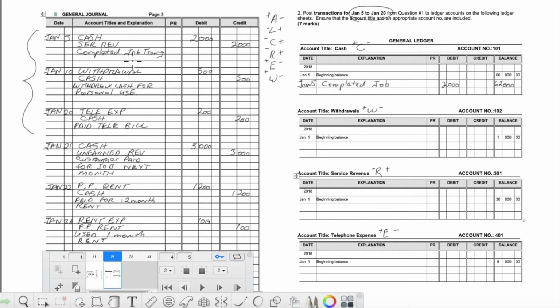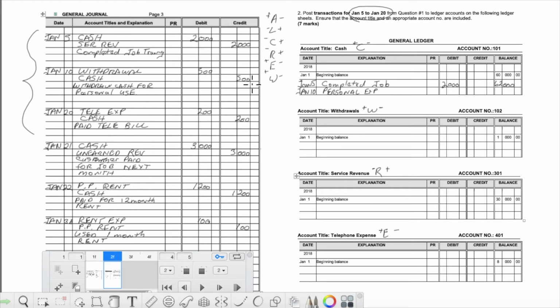The other thing that we have to do, actually, I won't do that next. We'll do this one next. So let's move on. Are there any cash transactions? There's this one here. There's a cash. And what was that for? Oh, withdrawal for personal use. So on January 10th, we used cash for personal expenses. You can see all we're doing is carrying it all over.